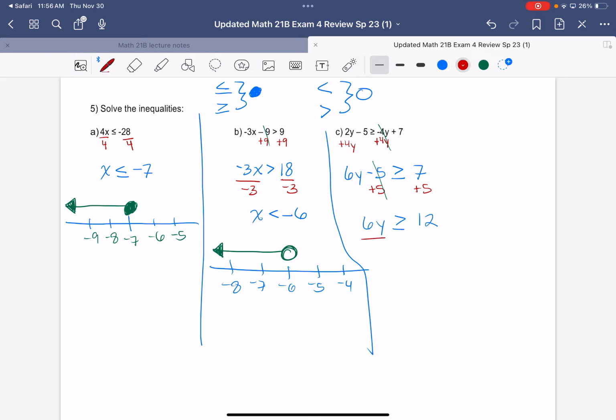Lastly, you get y alone. Divide both sides by 6. Does the inequality sign change or does it stay the same? Same, because we're dividing both sides by 6, not a negative. So it stays greater than or equal to. And then 12 divided by 6 is 2.